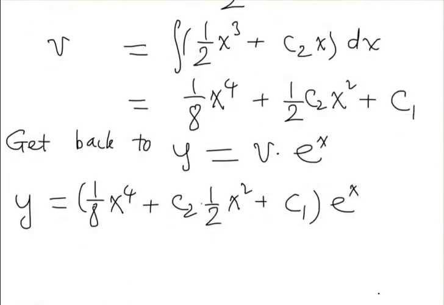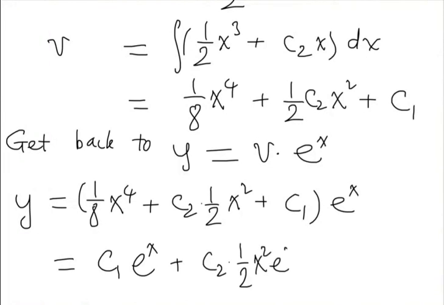But as before, we need to distribute and rewrite in the format C1 y1 plus C2 y2 plus capital Y. So it is C1 e to the x plus C2 1/2 x squared e to the x plus 1/8 x to the 4 e to the x.